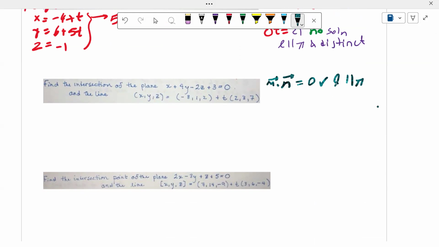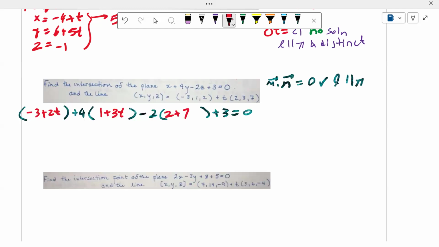So I write x plus 4 times this one minus 2 times this one plus 3 equals 0. Now I put in my parametric equation of the line: minus 3 plus 2t, then 1 plus 3t, and 2 plus 7t.